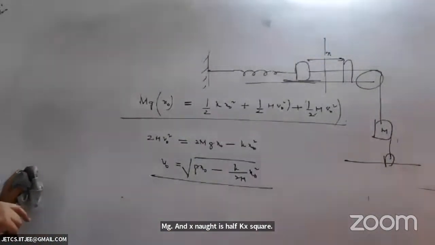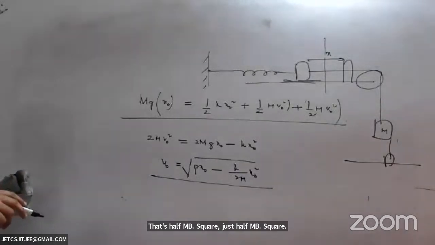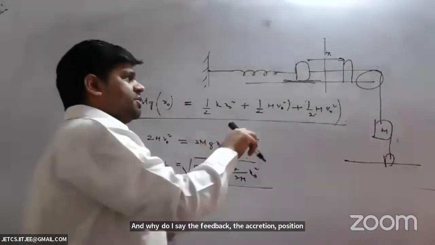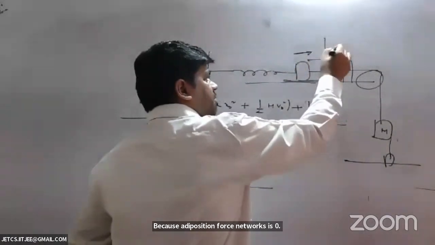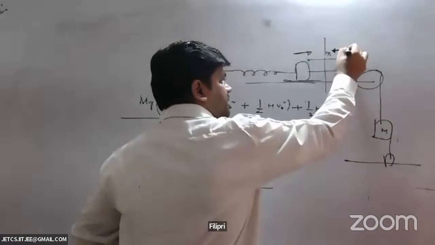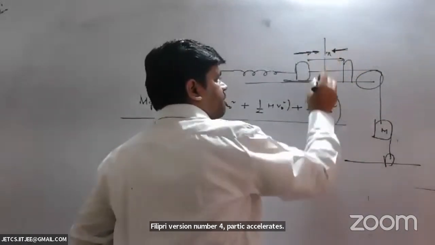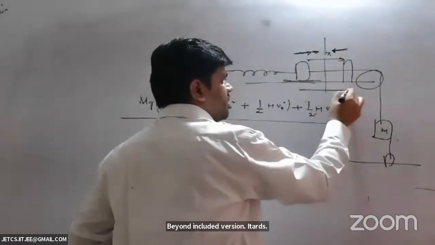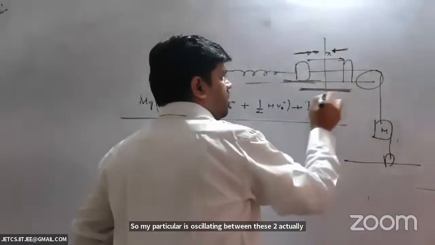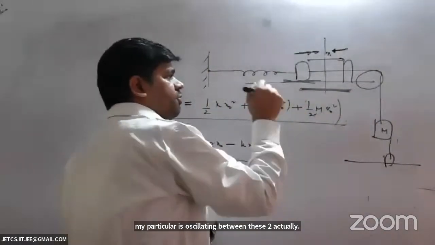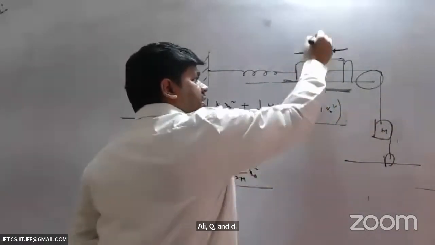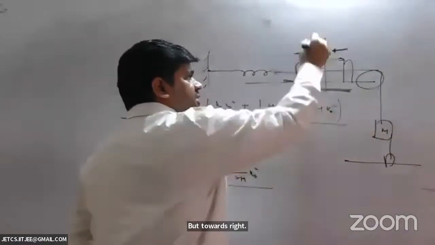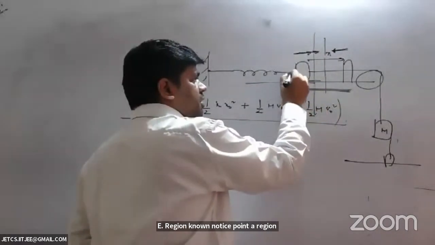And why do I say the speed is maximum at the equilibrium position? Because at equilibrium position, net force is 0. Till equilibrium position, my particle accelerates. Beyond equilibrium position, particle retards. So my particle is oscillating between these two actually. Look, for the particle to be pushed towards right, even in this region, note this point, my spring is pulling.